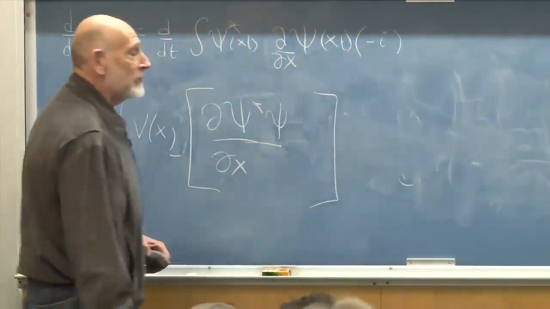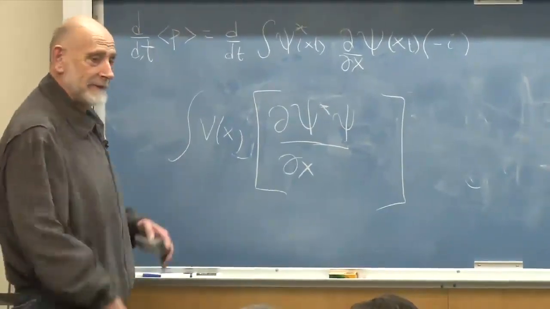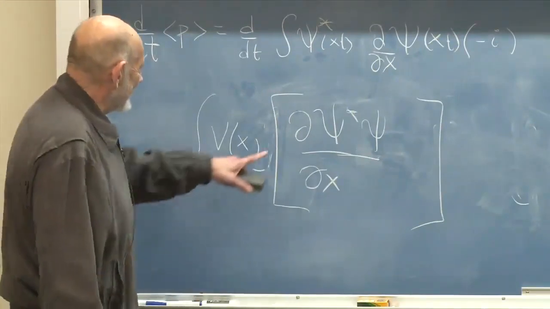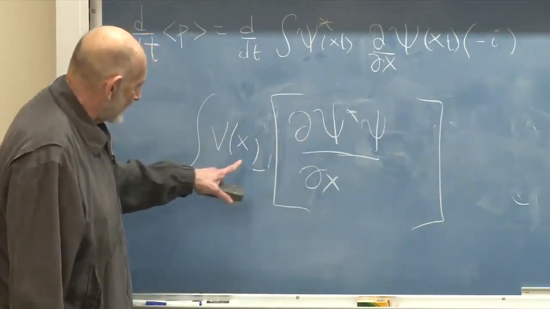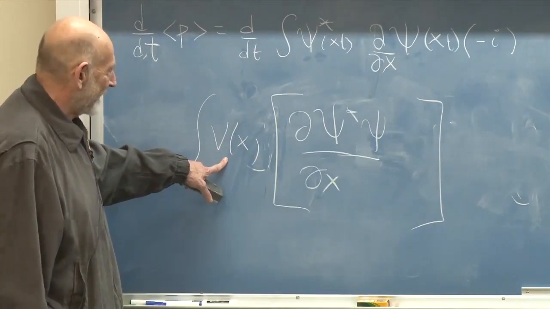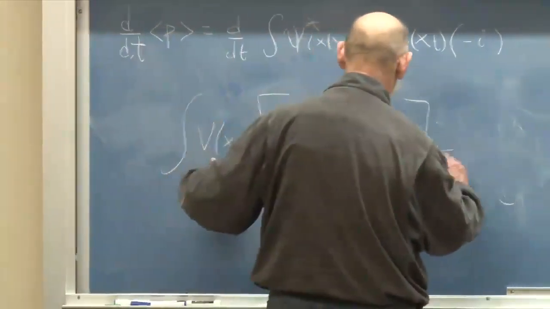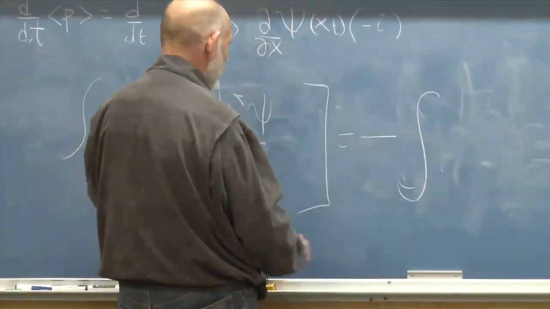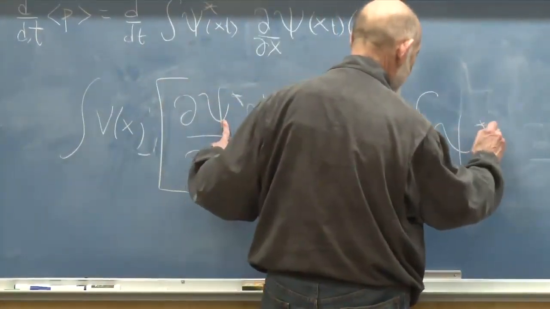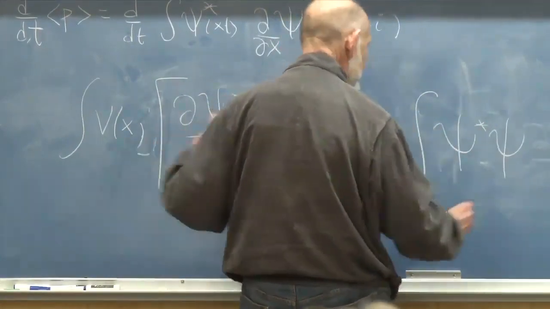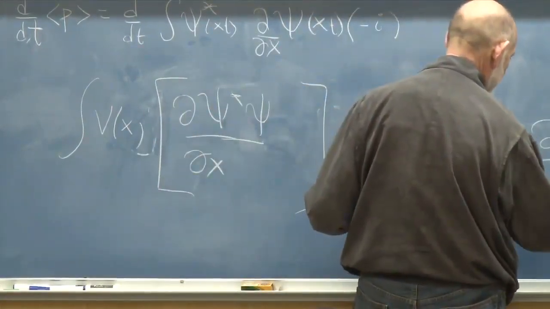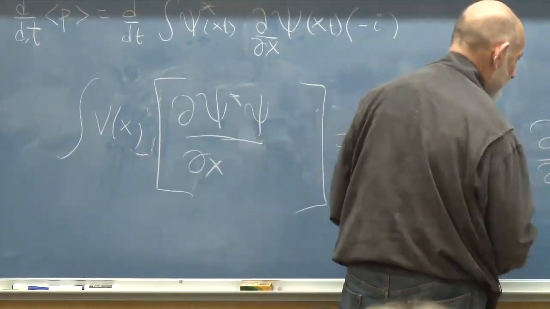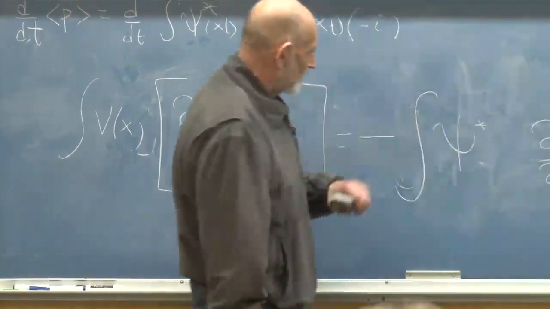And the next step, integrate by parts. All right? That'll take the derivative over to here, and it will give me minus the integral of psi star psi times dv of x. And what is this thing?